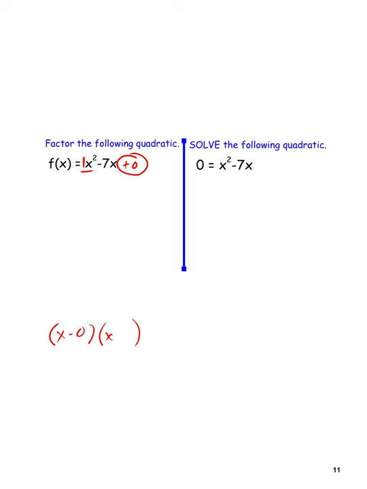One of them is -0, or again, you could just write it as x. And so what's the second value? Well, the second value is whatever makes this -7. And so to add up to -7 between the two terms, with one term being 0, that means the other term would have to be -7.